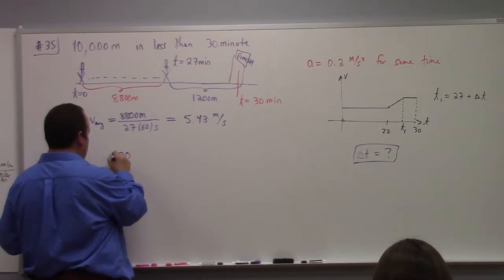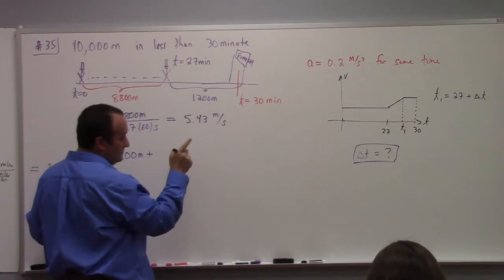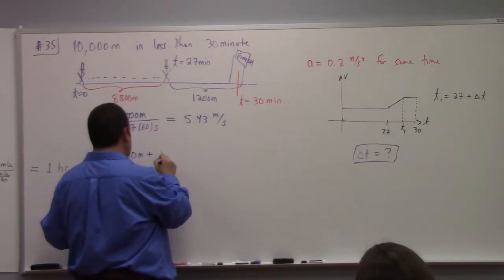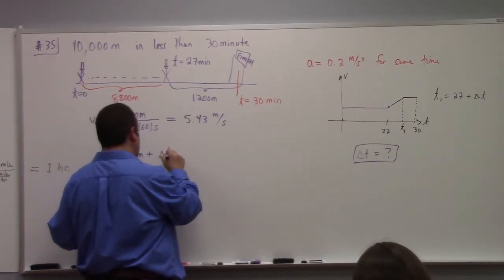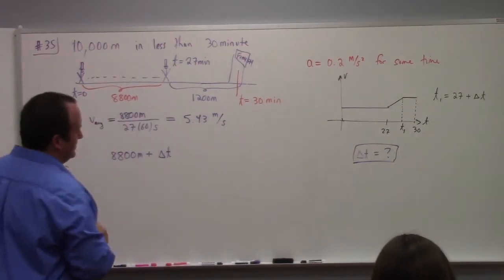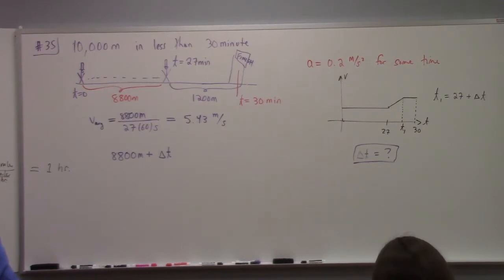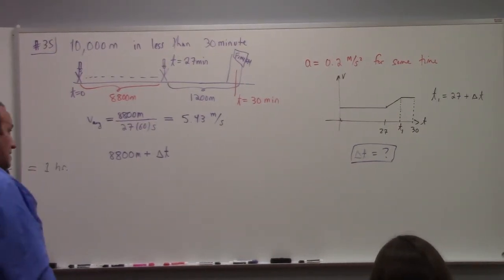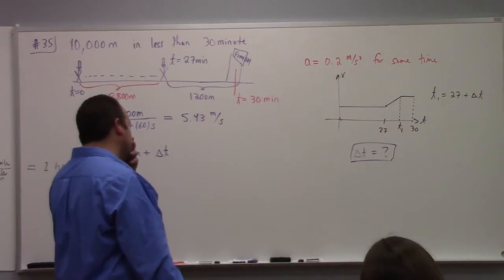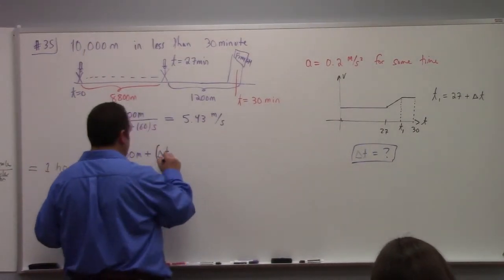All right, so here's the math of it. 8,800, let me try to organize my thoughts here. 8,800 meters plus delta t times what? We're trying to find delta t. Well, I'm just going to write some things down.